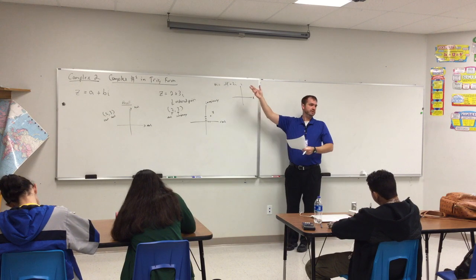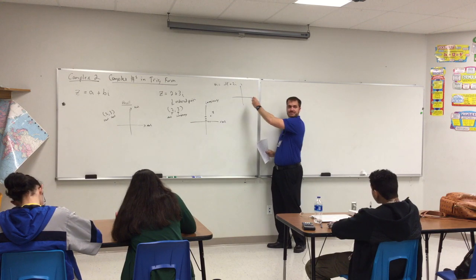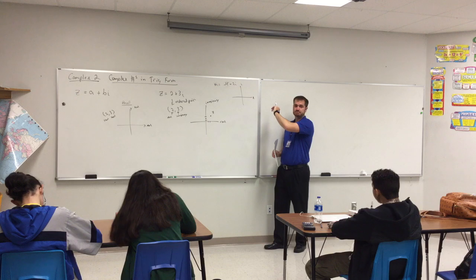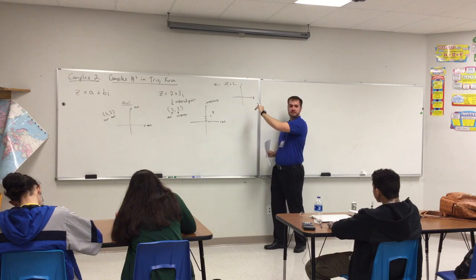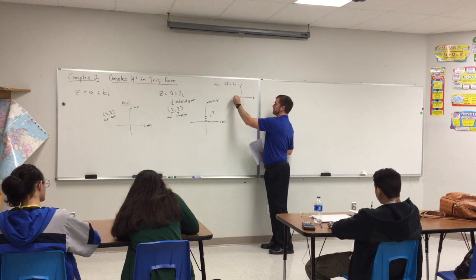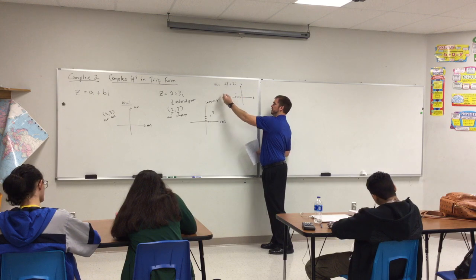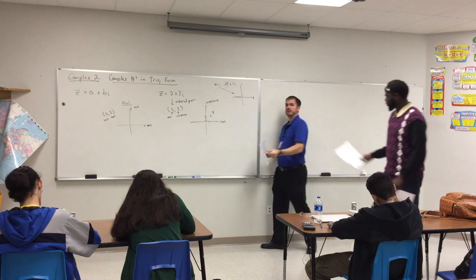How would I plot that point? Starting from the origin. Left, right, up, down. Good, Lonnie. Left 4. And then keep going. Up 2. There you go. That's the point M. That's the complex point M.